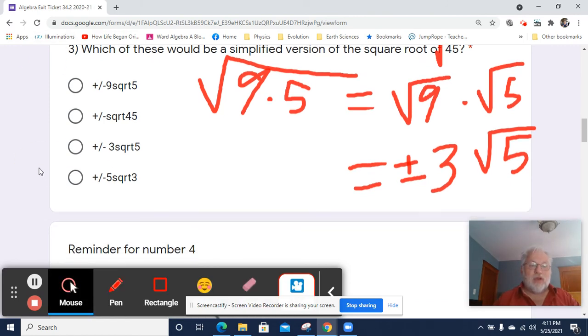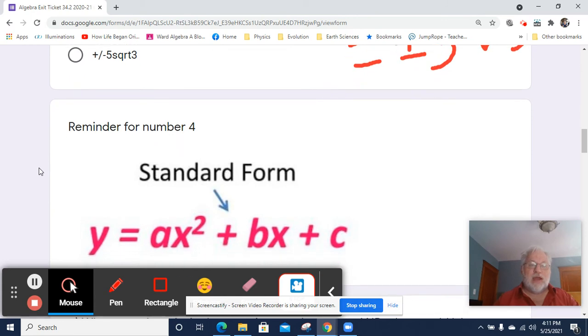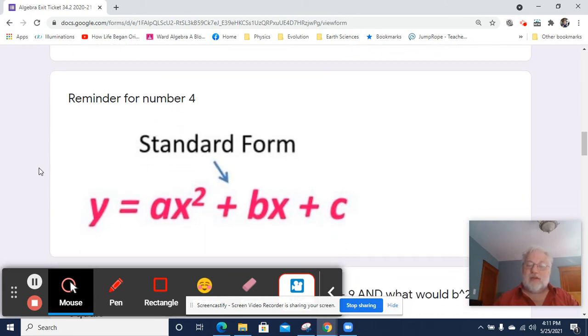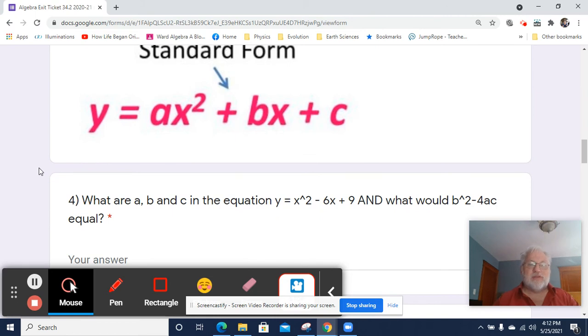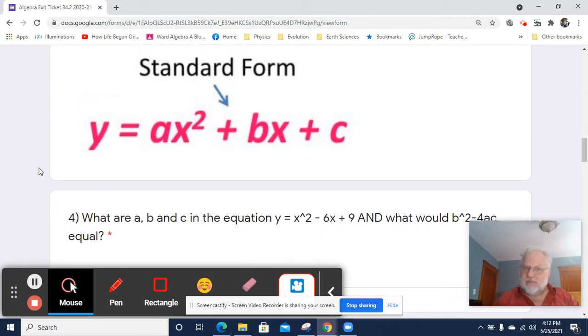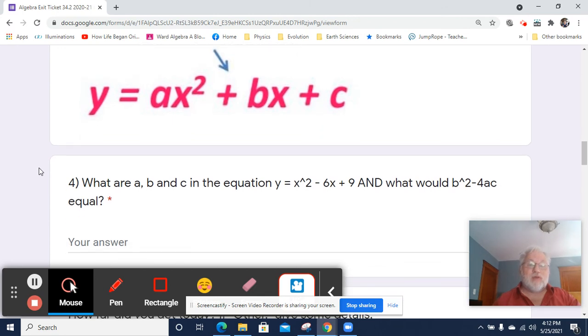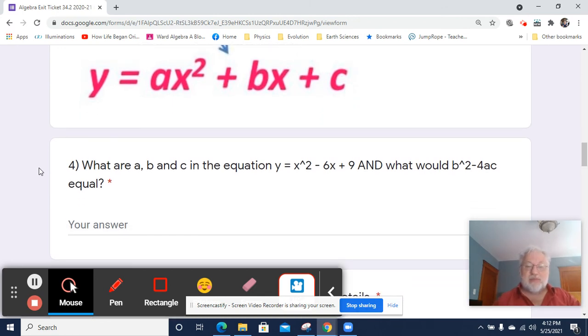Okay, let's take a look at number 4. You've been reminded on this a few do nows in a row, so hopefully this is becoming a bit more familiar for you. ax squared plus bx plus c is the standard form of a quadratic. Many types of equations have a standard form; this is the one for quadratics. So what are a, b, and c in this equation here?